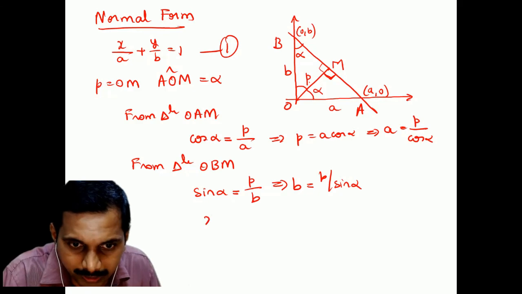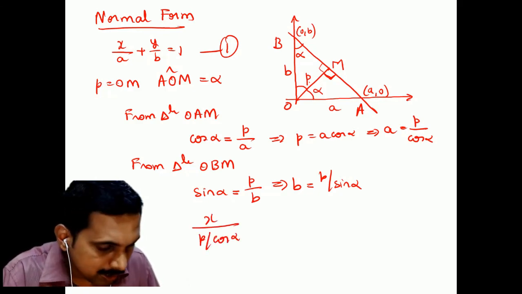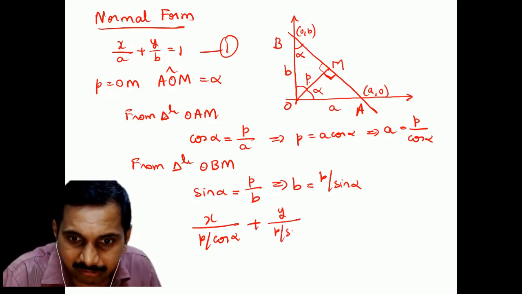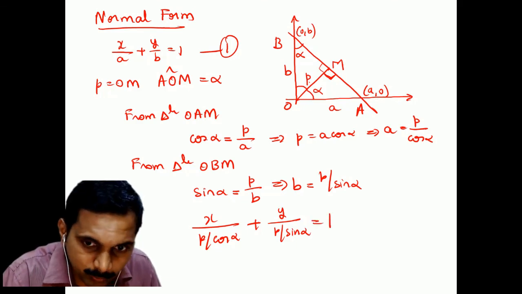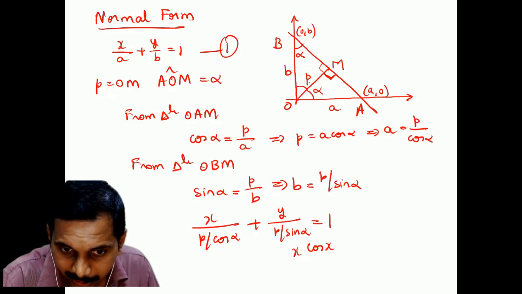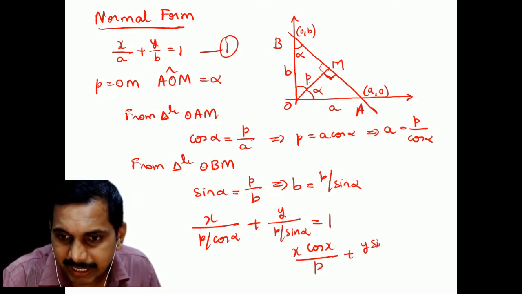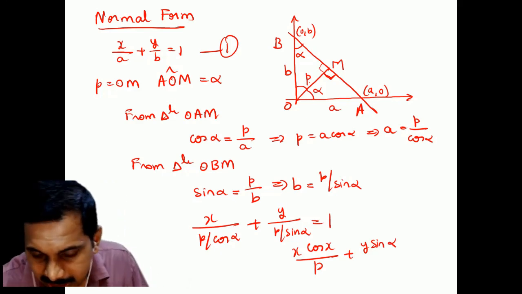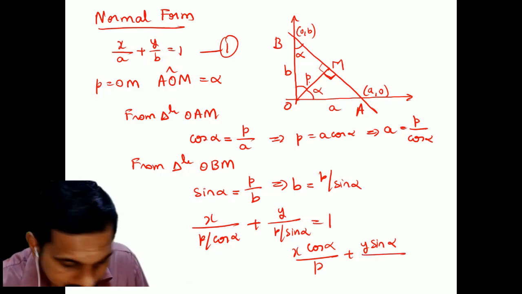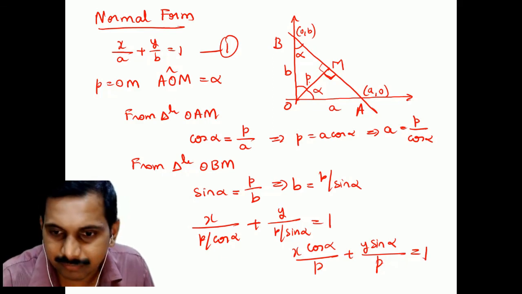What do we get? We get x divided by P by cos alpha plus y divided by P by sin alpha is equal to 1. Or we can write x cos alpha divided by P plus y sin alpha divided by P is equal to 1.